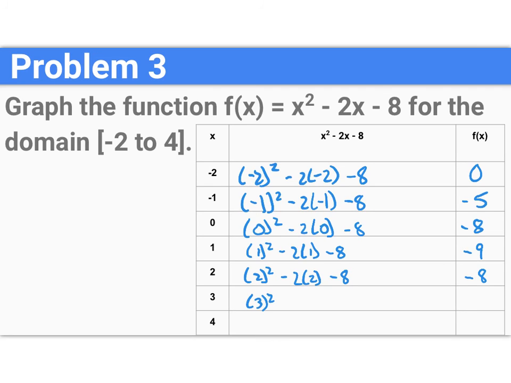3 squared minus 2 times 3 minus 8. 9 minus 6 is 3. 3 minus 8 is negative 5. And then 4 squared is 16 minus 2 times 4 minus 8, which is 0.